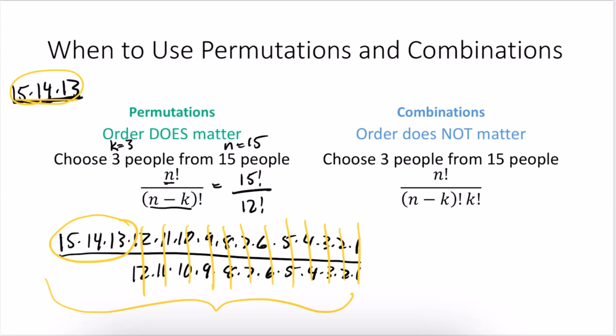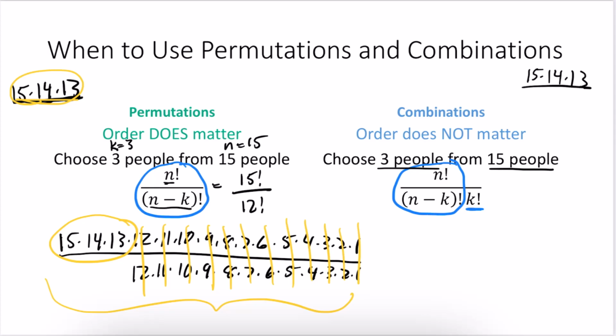We'll quickly go through the combination formula as well, but it's very similar, because this part of the permutation formula is the same as this part, and the only thing that's new is the division by k factorial. Basically, that's dividing out all the duplicates. If the order didn't matter, we would still have 15 times 14 times 13 options when you choose 3 people from 15 people.